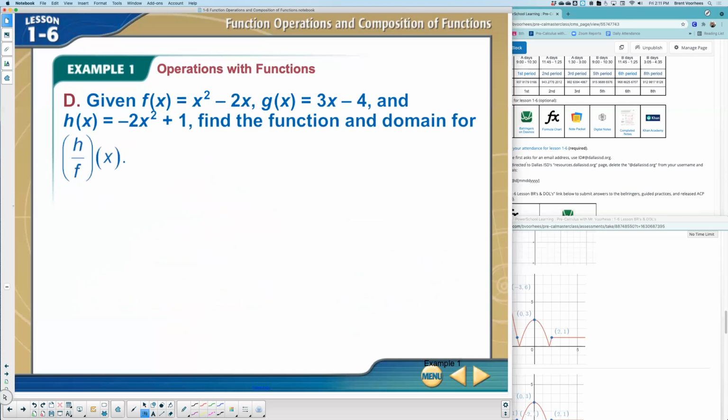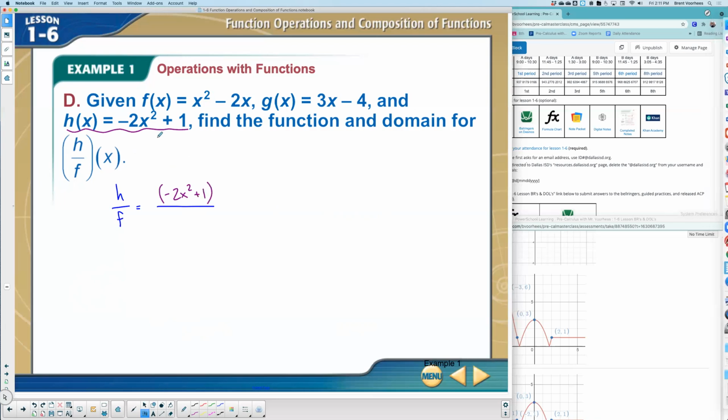Part D, it says find h divided by f. So I'm just going to say h slash f equals h. Again, I would substitute into parentheses, although on this one it won't end up mattering, but I will still do so. Negative 2x squared plus 1.